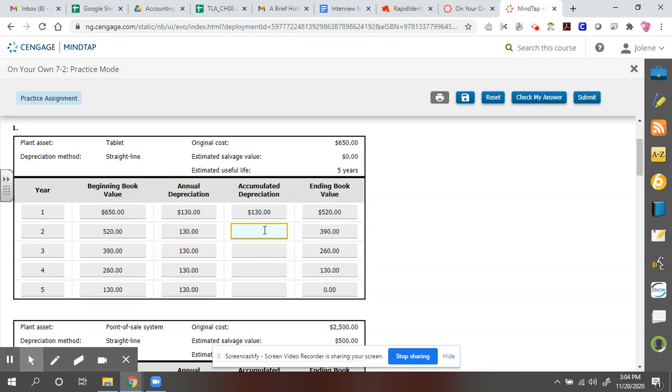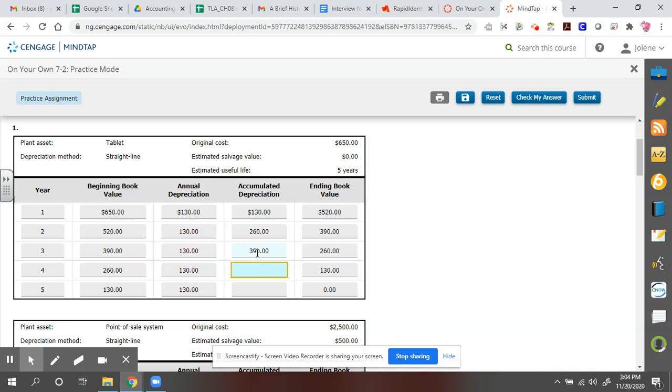Now, accumulated depreciation. It was 130 the first year. 130 plus 130 makes it 260 the second year. Plus that 260 plus 130 makes it 390. Right?